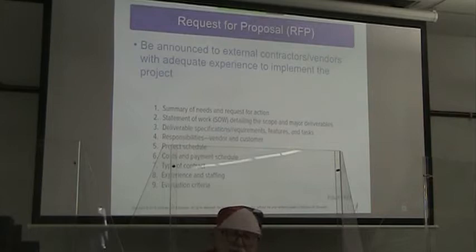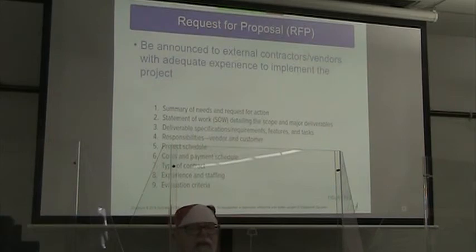Fourth, we're going to have the responsibilities by both the vendor and us, the customer. Five, a project schedule. Six, the costs and payment schedule. Seven, the type of contract. Eight, the experience and staffing. And nine, the evaluation criteria.